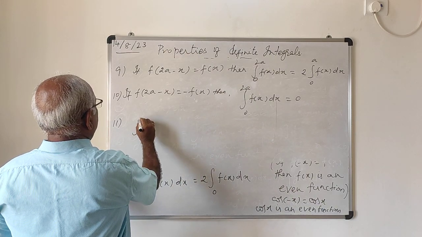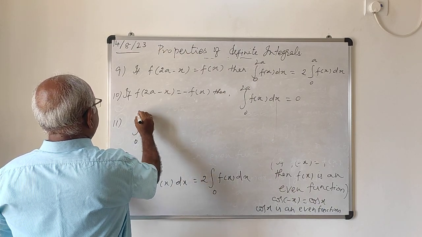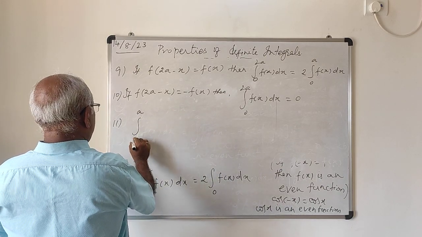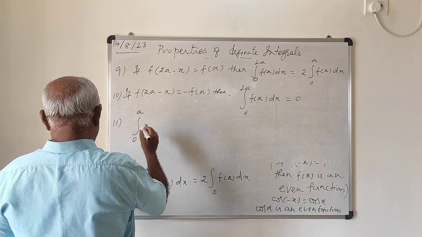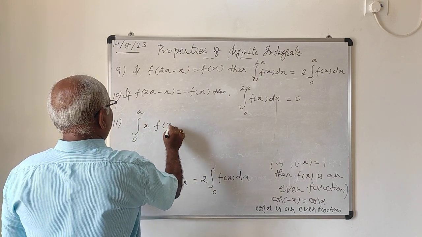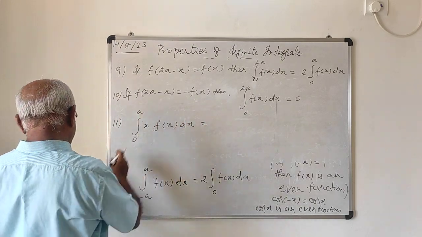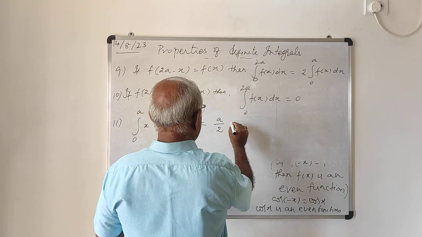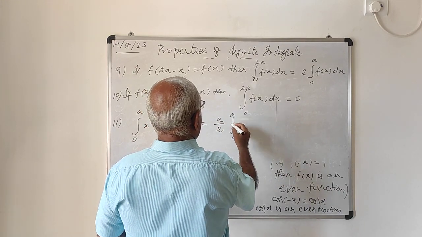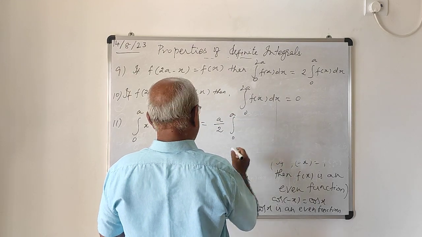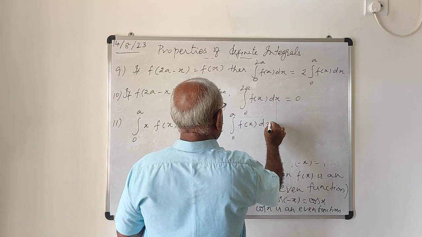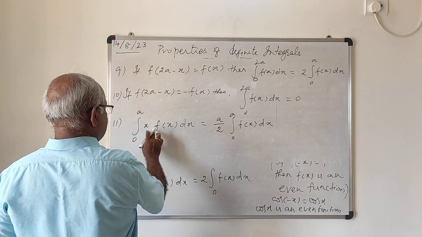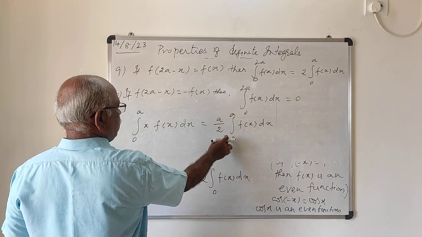The integral from 0 to a of x times f of x dx is equal to a by 2 times the integral from 0 to a of f of x dx.